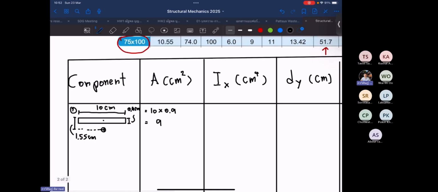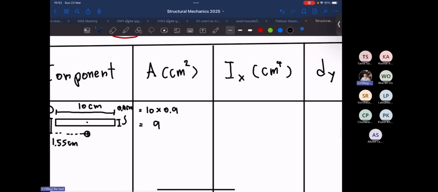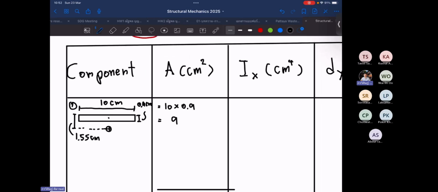Then the moment of inertia in the x direction, x-axis. In the x-axis we look at this direction, so this one will be your base, and this one will be your height. So Ix equals BH cubed divided by 12.